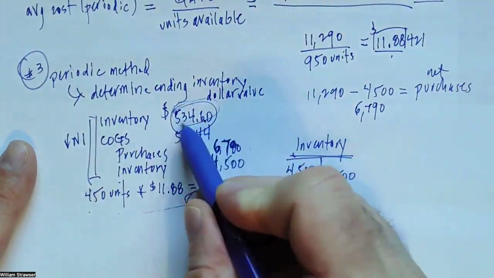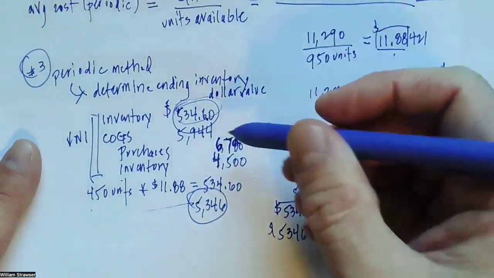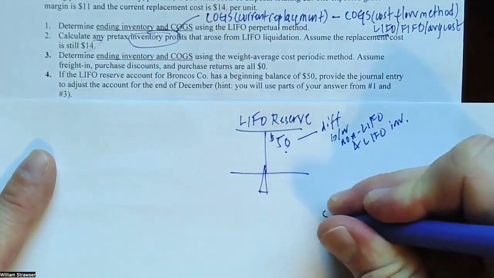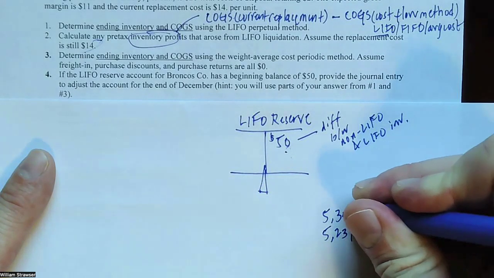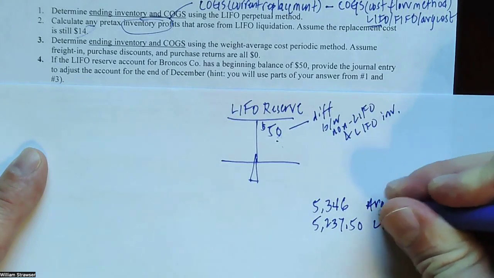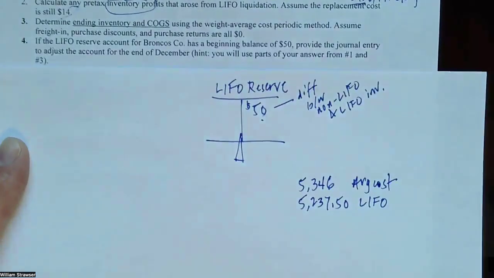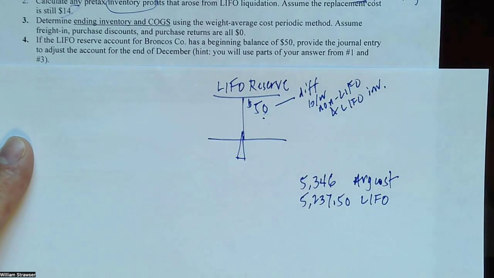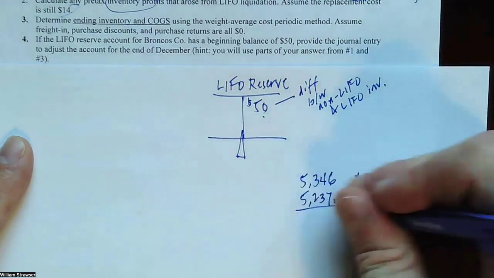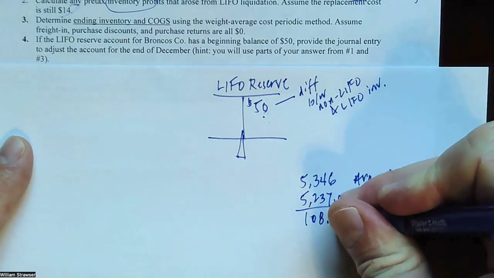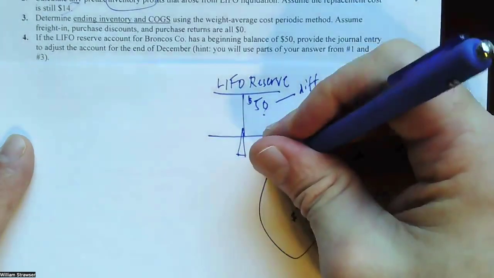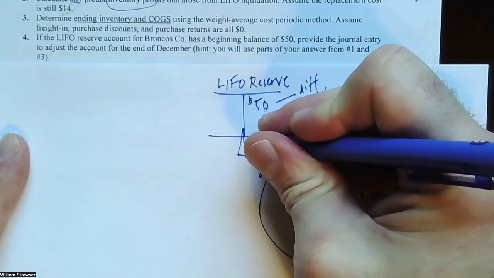We had to because it was periodic. 5,346 is our ending inventory under that method. We take the difference of these two. And this is now the ending balance that I want for my LIFO reserve.